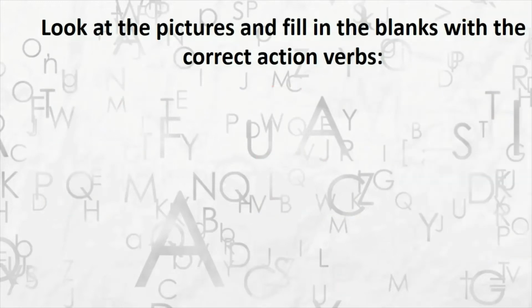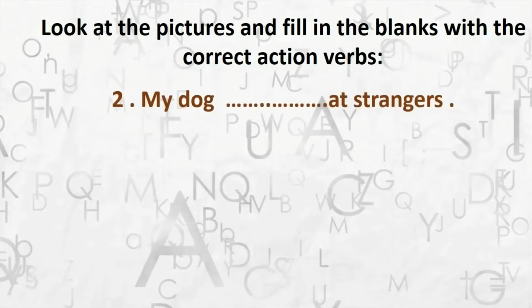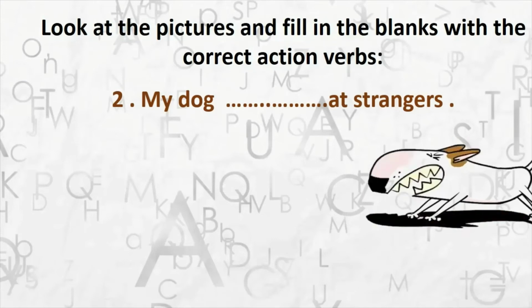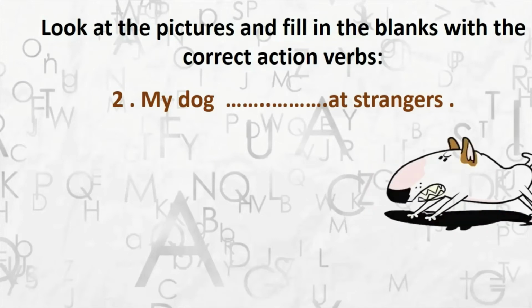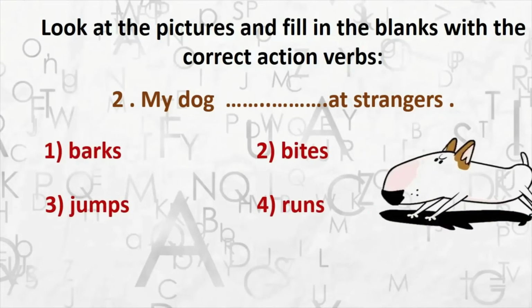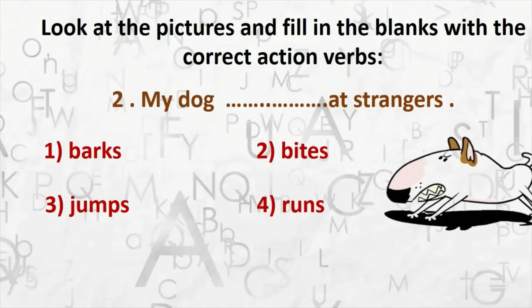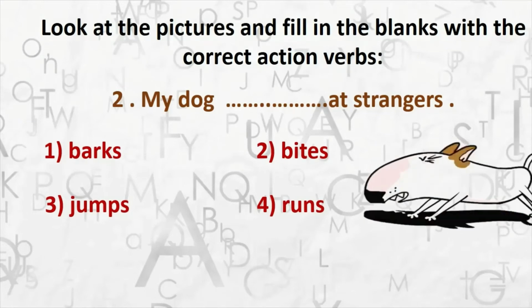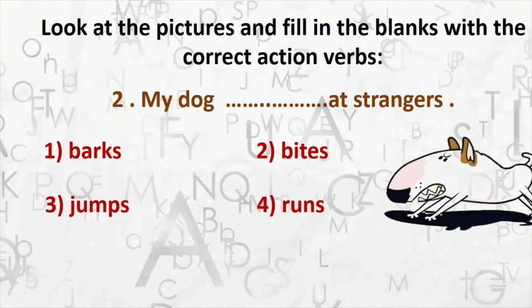Moving on, look at the next question. My dog dash at strangers. So what does my dog do? Let's see what the action is. So my dog barks at strangers. My dog bites at strangers. My dog jumps at strangers or runs at strangers.